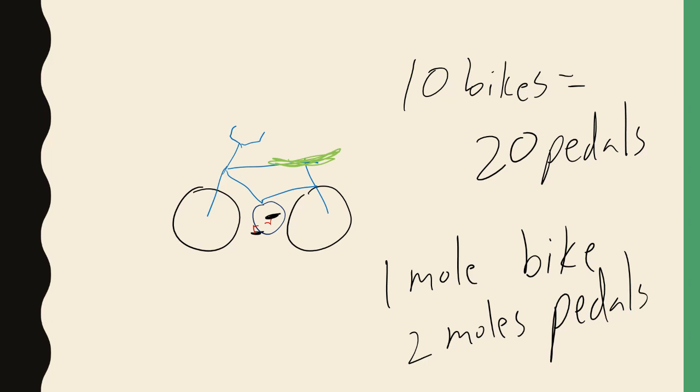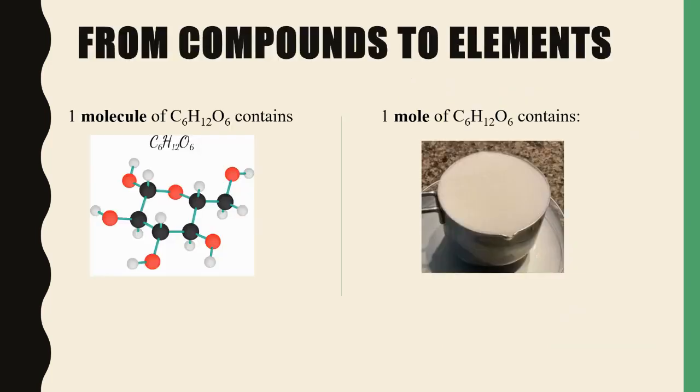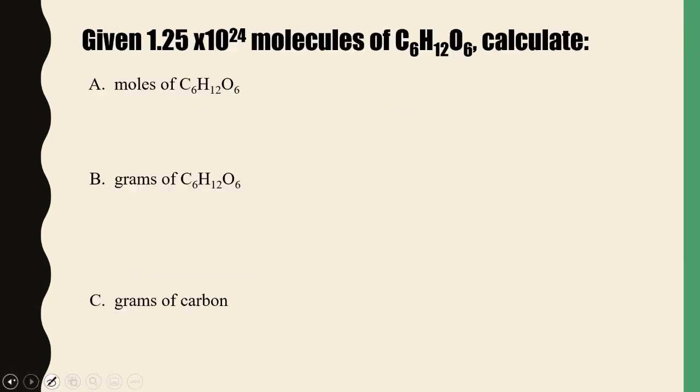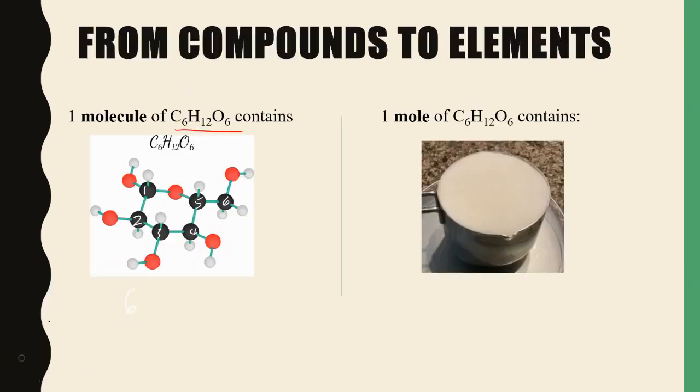And the point of that is if we're looking at a molecule of sugar, C6H12O6, then that molecule contains, right, we have 6 carbon atoms. So if we have 6 carbon atoms, then for every molecule of this, we have 6 atoms. We have 6 atoms of carbon for every molecule.